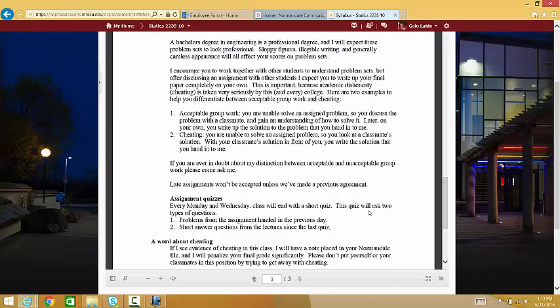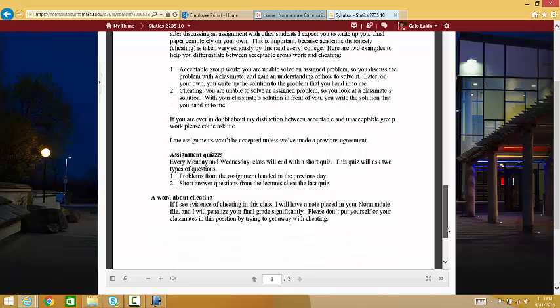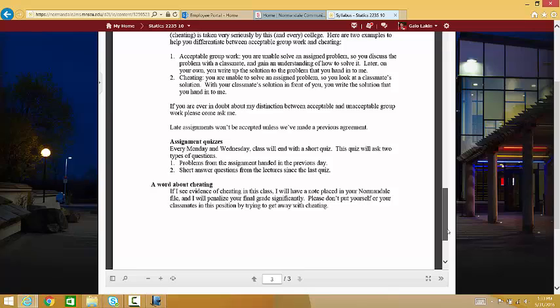All right. And then there's a section that says don't cheat. The most likely way that could come up is copying on an exam or a quiz, and it says what I'll do if that happens. I don't usually have trouble with that in engineering classes.